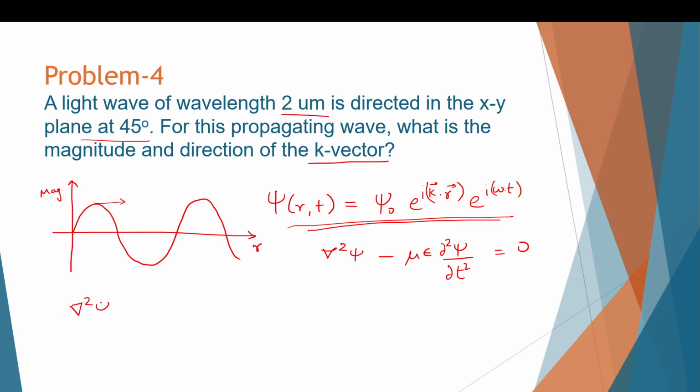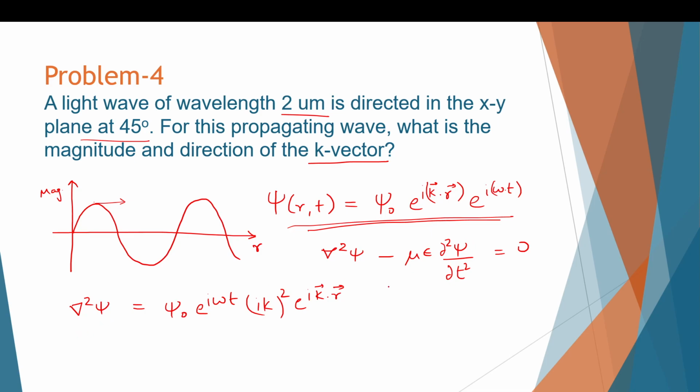So del square psi is psi naught e power i omega t. I'm differentiating it twice in position, so I'll first take the omega t term out, and then there will be i k square times e power i k dot r.